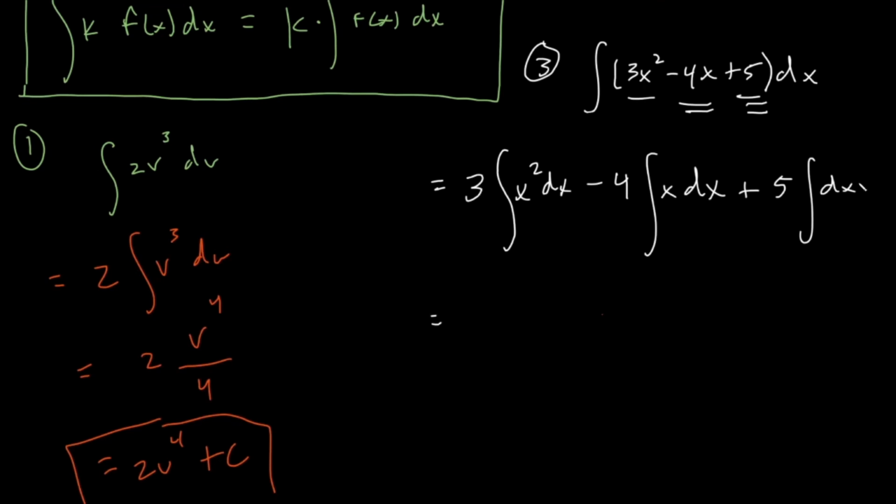Eventually you'll be able to skip this step. You don't have to, but I think you know what I mean, right? So once you guys do a trillion of these, this step will come naturally.